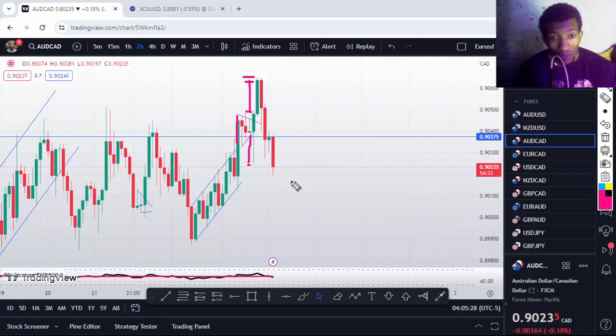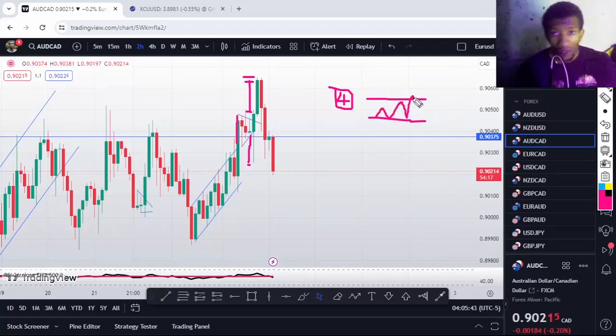It's amazing. So the fourth model is just double fake outs, or two-way fake outs. If we are bullish, we break to the upside first.